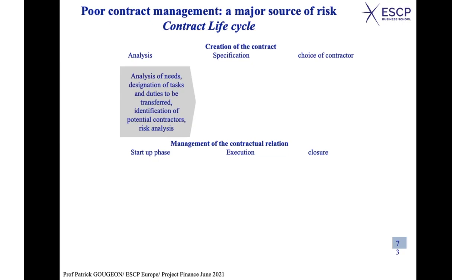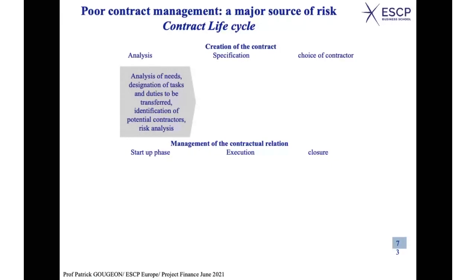You need to analyze the exact needs of the project company. What are the tasks and duties you expect from the assets outside, which can be transferred outside the project company? Okay, and who are the potential contractors? What are the risks if you transfer the activity outside in comparison with doing it yourself inside the company?